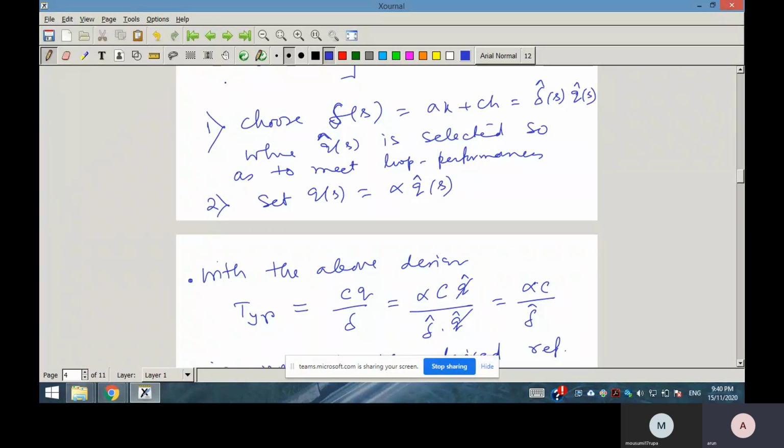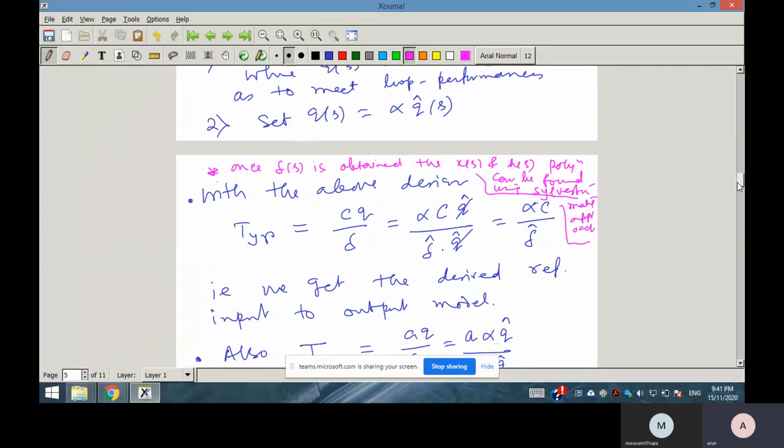So just I am writing here: once delta S is selected, the Ks and Hs polynomials can be found using the Sylvester matrix equation approach, which I have already told you when I taught the one degree of freedom control design.